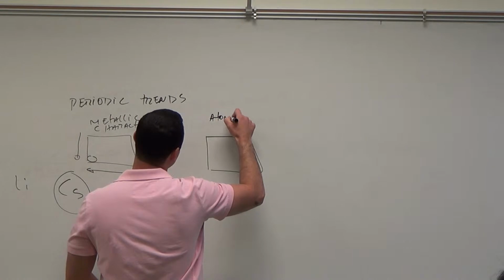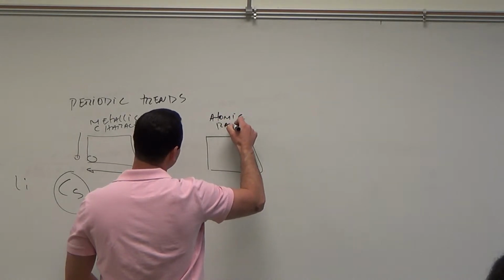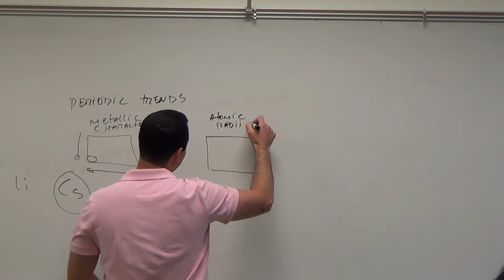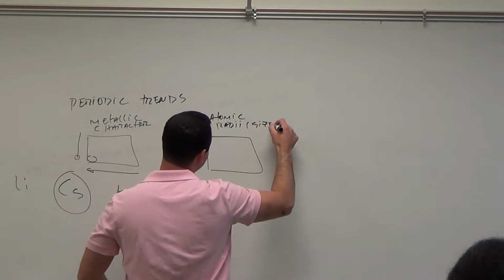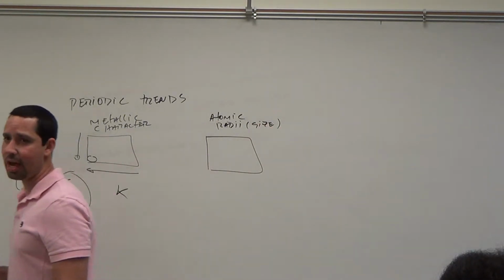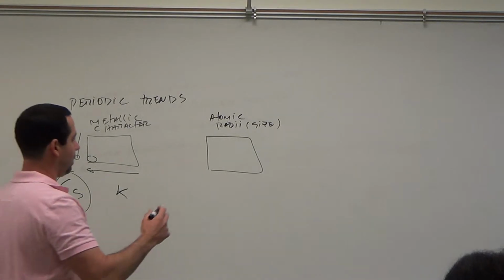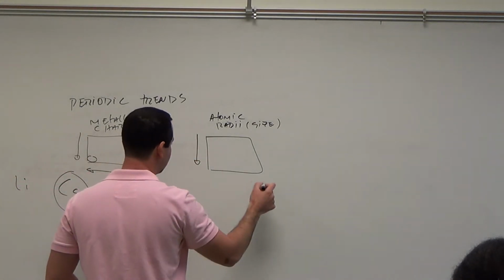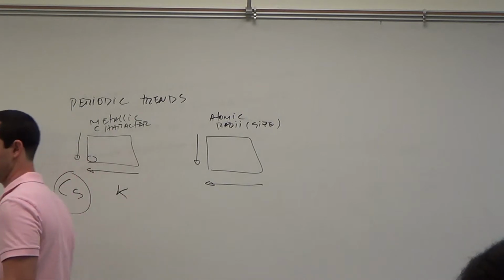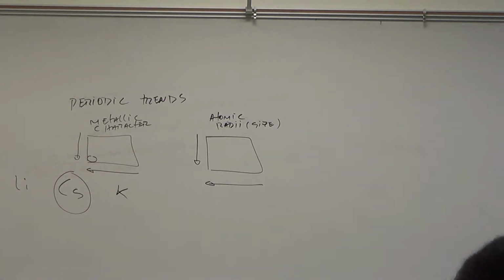Let's talk about atomic radii. Atomic radii is another way of saying atomic size, yes? Here's how big the element is. So these periodic trends, when I ask you one of them on the test, how easy is it?